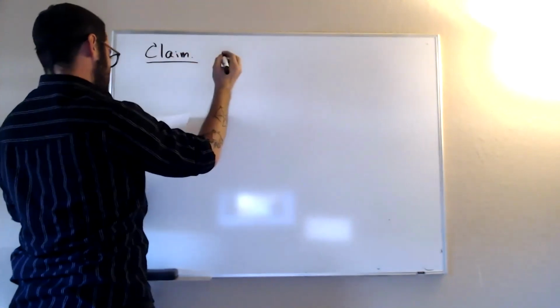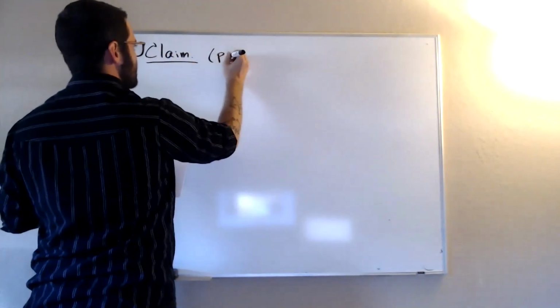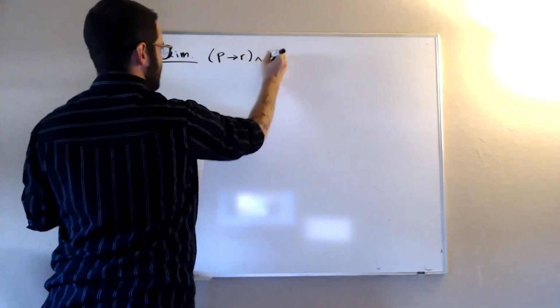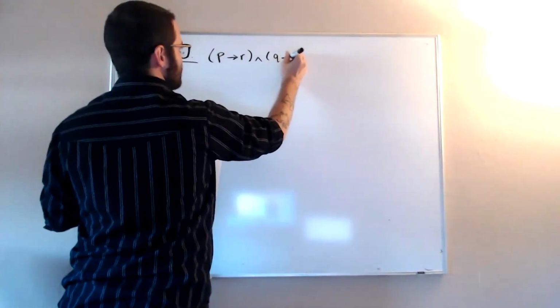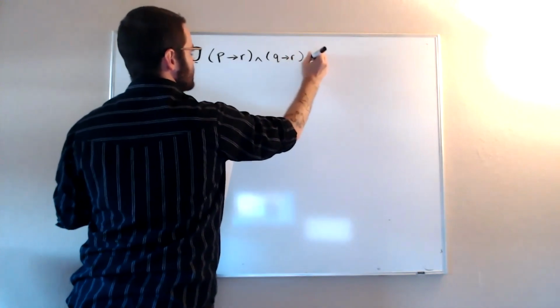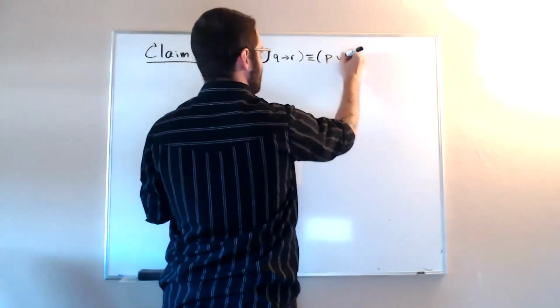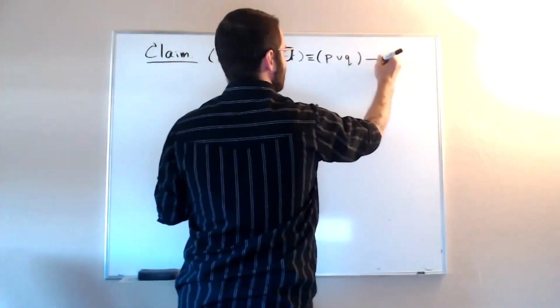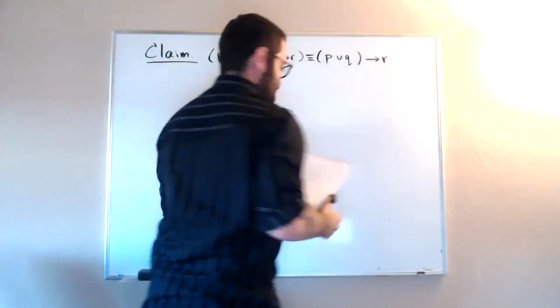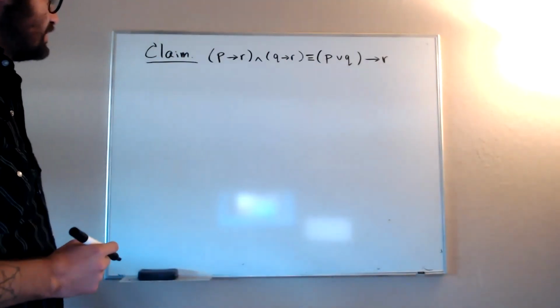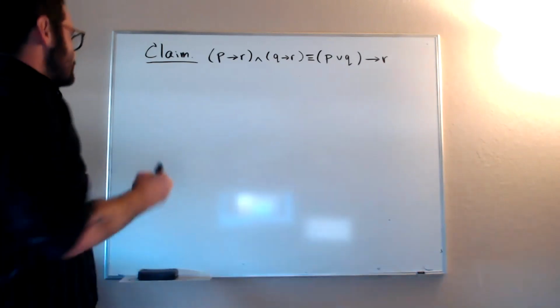Claim: P implies R, and Q implies R, is logically equivalent to P or Q implies R. Okay, so we can prove this using a list of logical equivalences.